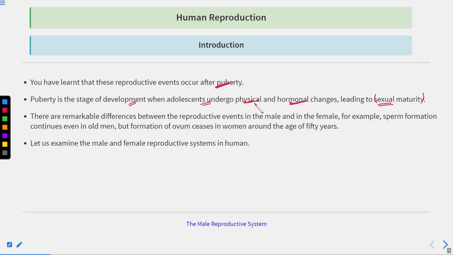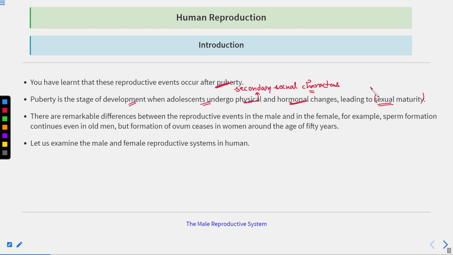There is a development of secondary sexual characters. Like if you talk about males, deepening of the voice. If you talk about females, development of the mammary gland, pubic hairs.